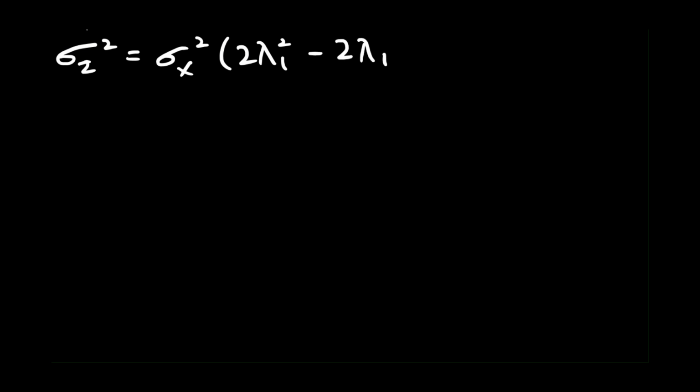Okay, cool. So let me just rewrite the expression first. We had the variance of z, sigma squared z, is equal to sigma squared x times 2 times lambda 1 squared minus 2 times lambda 1 plus 1. This is what we had.